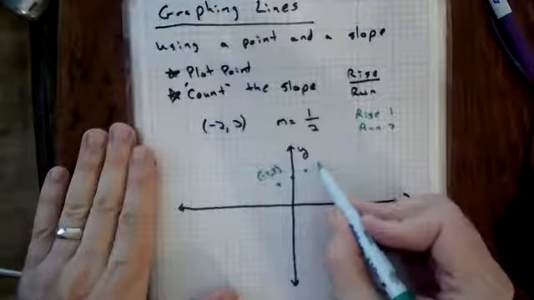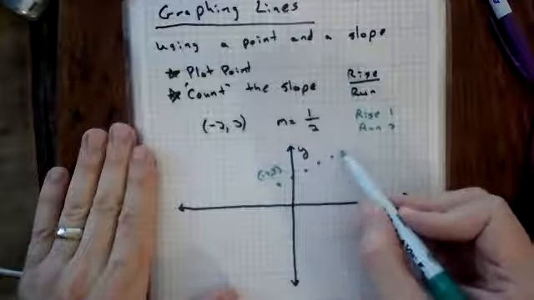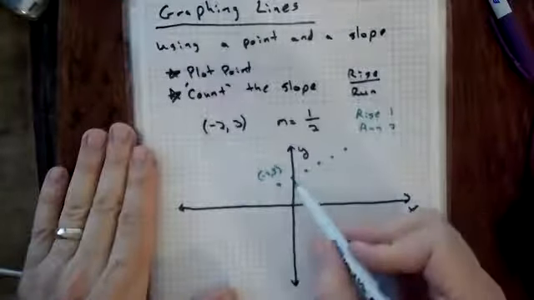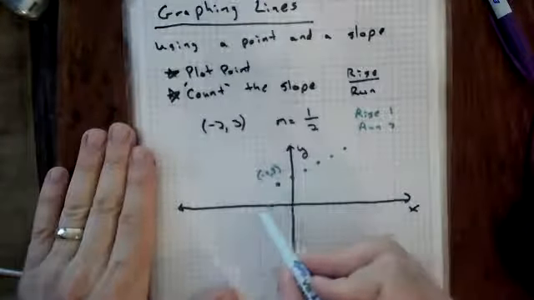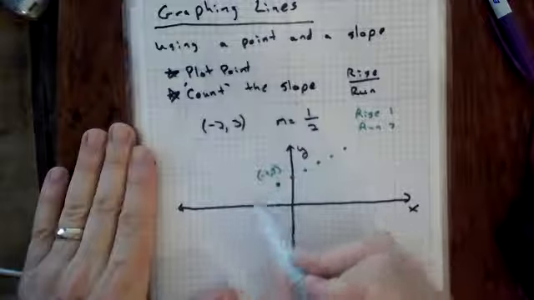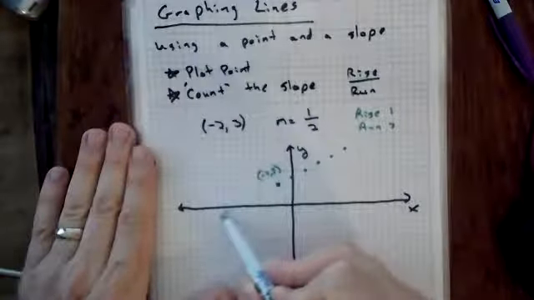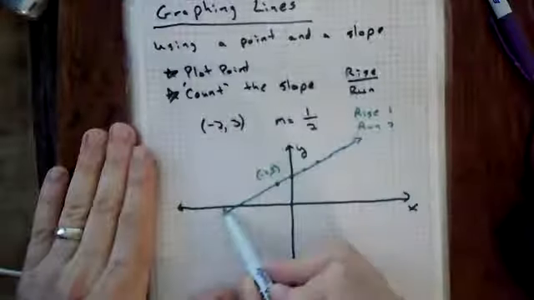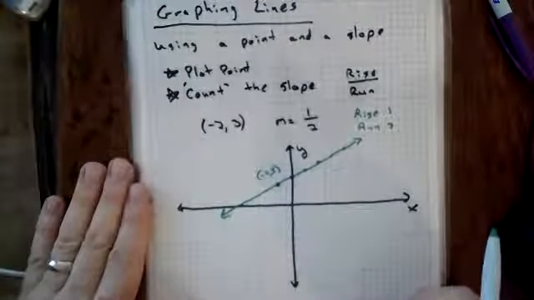Up 1, over 2. And I hope you'll be able to tell that it doesn't matter where you start. You could start here on the y-axis, you could start at any other point, and you're still going to be able to plot this line. So we'll just draw a nice line through all of that, and we're done.